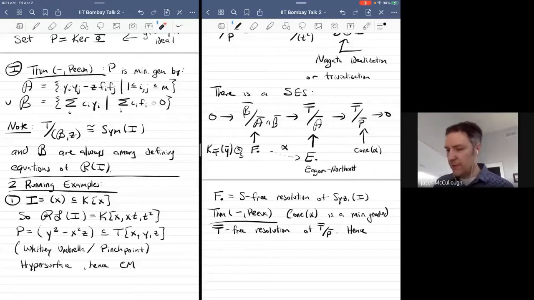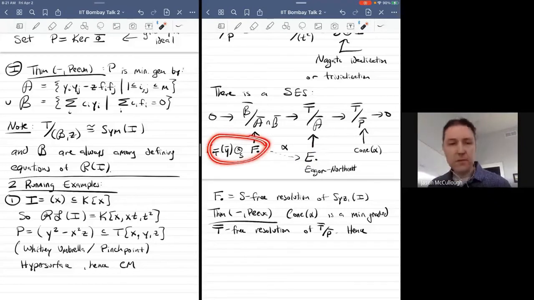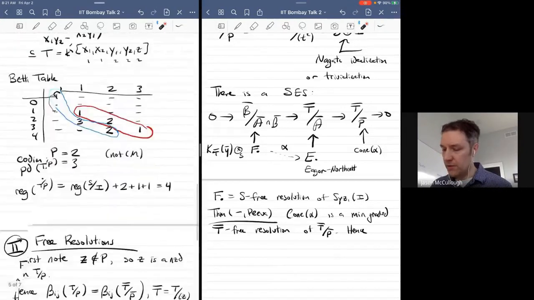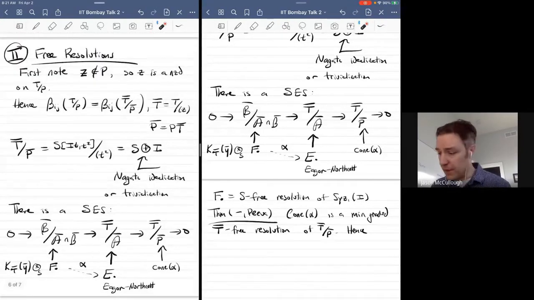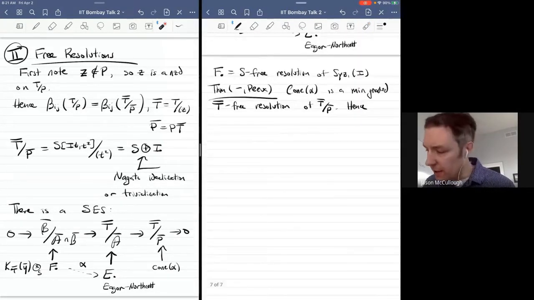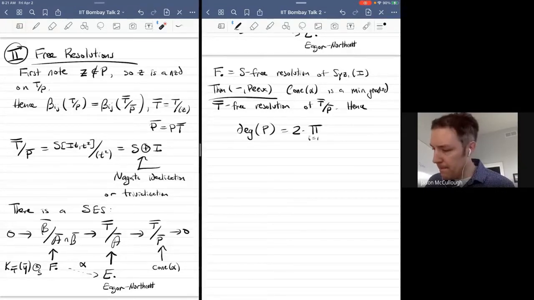And hence, because we have all the data that describes the elements in this resolution and this resolution, we know exactly what the graded Betti numbers for T-bar mod P-bar are, and then by the earlier remark, we know all of the graded Betti numbers for T mod P. So let me just recall what we can say. The degree of the defining ideal is 2 times the product of the defining equations plus 1.